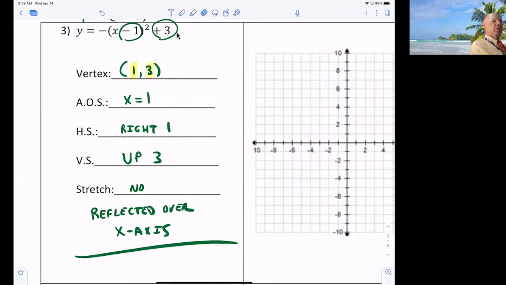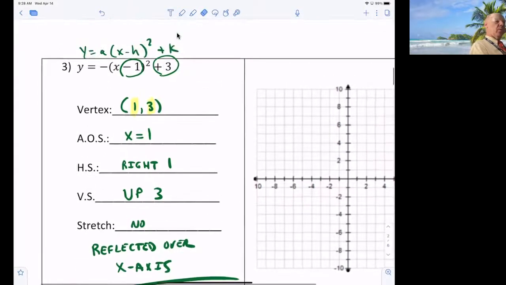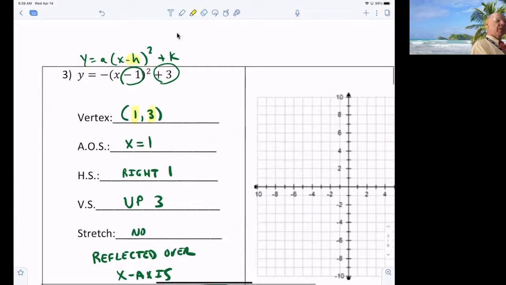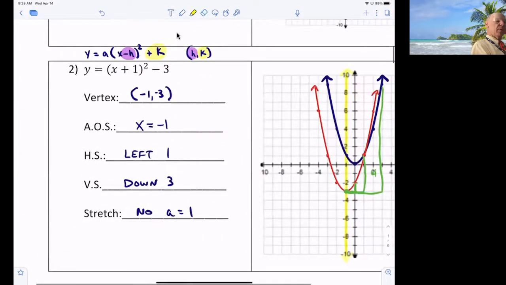Why is it +1 instead of -1? What is the equation? It's -h. It was the same as last time. This was +1. This is -1.